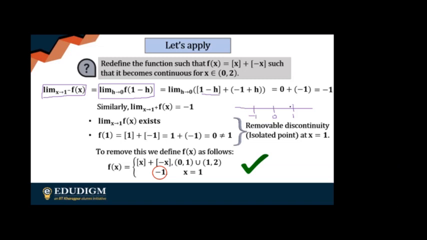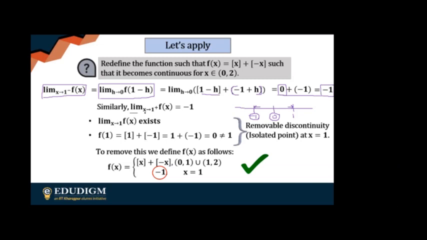This is 1 minus h, so it is somewhere here, very close to 1. So what is the box? The box is 0. That is what we have put here. And this is actually box of minus 1 plus h. Minus 1 plus h means something more than minus 1, so obviously that box will be minus 1. So that is why this is the limiting value.